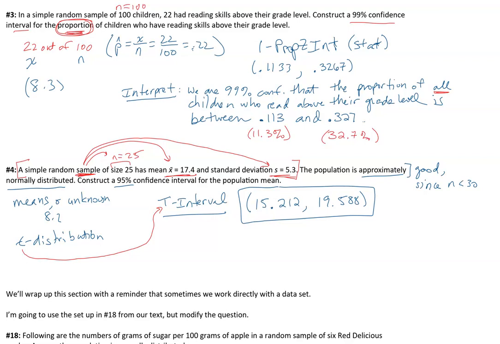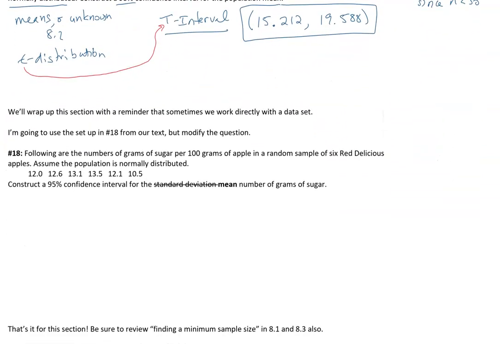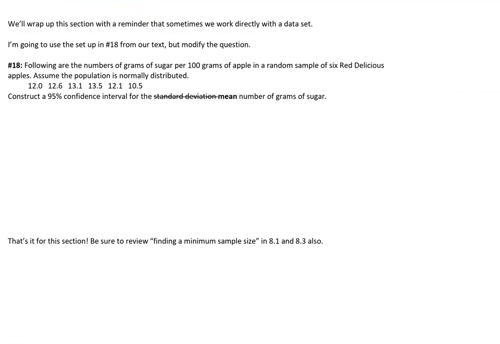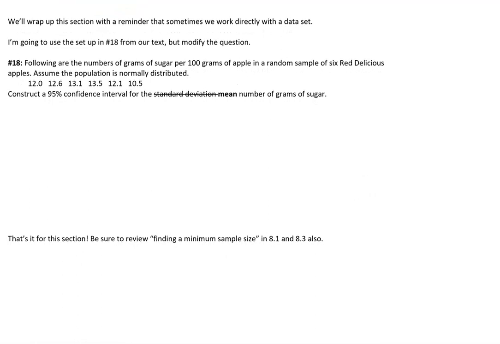Okay, so we're going to wrap up this section with a reminder that sometimes we work directly with a data set. So I'm going to use the setup in number 18 from our text, but I'm going to modify the question. It's a standard deviation question, but we can use the same data for a mean question. So following are the numbers of grams of sugar per 100 grams of apple in a random sample of 6.